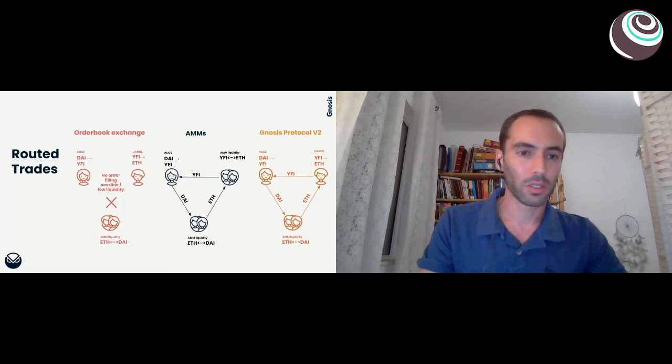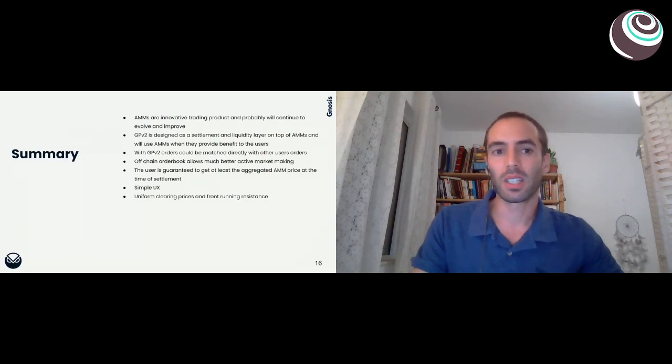Yeah, so I want to summarize what we've gone through here. I think AMMs are an innovative trading product, and in my opinion, they will probably continue to evolve and improve, and they are an essential part of the Ethereum open financial layer.